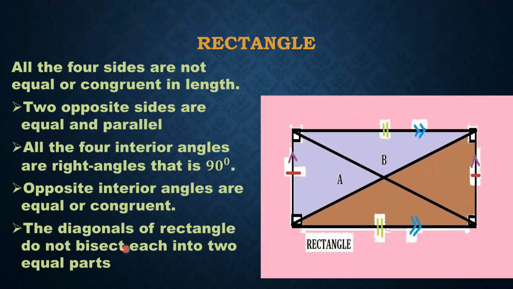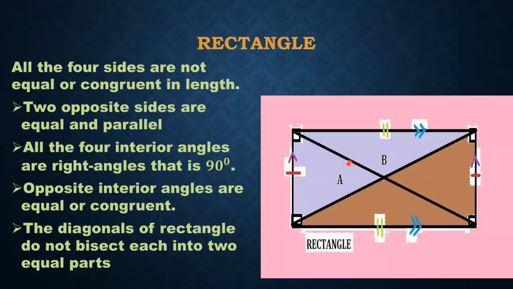Now the diagonals of a rectangle do not bisect each other into two equal parts. When you have the two diagonals on the rectangle, you can easily compare the size of this triangle and this triangle here. They are not the same, okay? So the diagonal cannot bisect the rectangle into two equal parts.